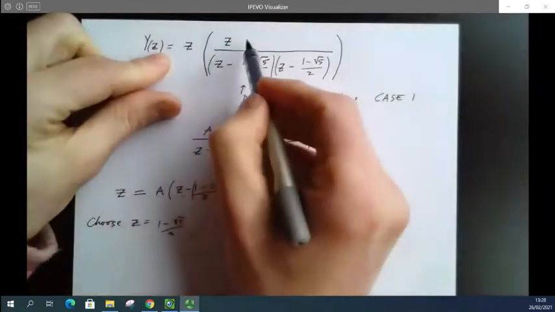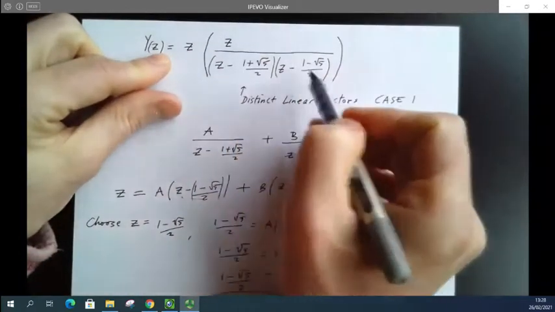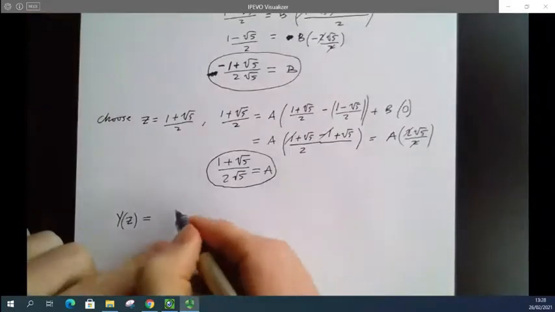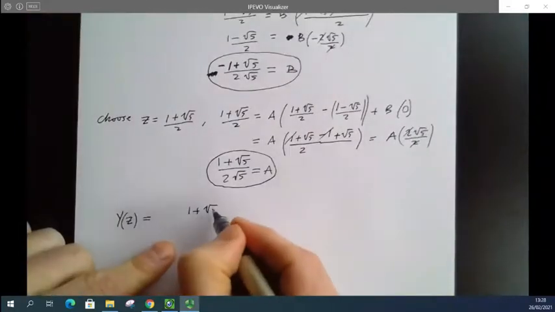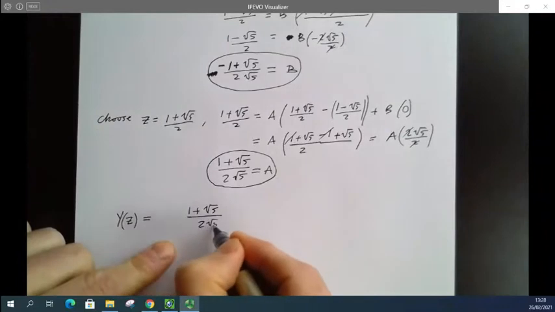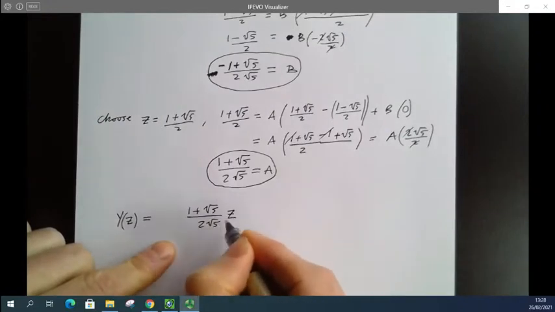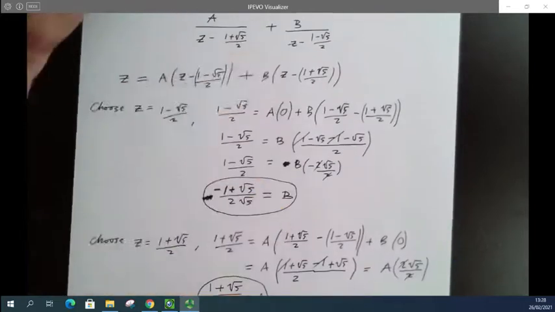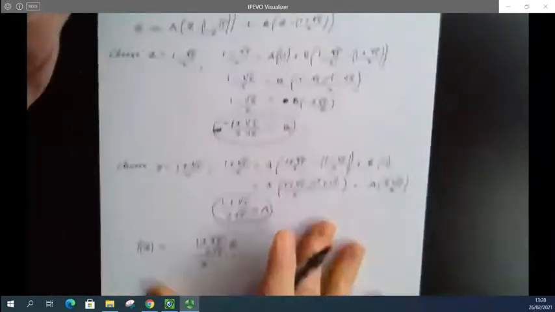So we'll have some constant over this plus some constant over that, and they'll both be multiplied by z. So the first constant is a. So that's 1 plus root 5 over 2 root 5, z over z minus 1 plus root 5 over 2.